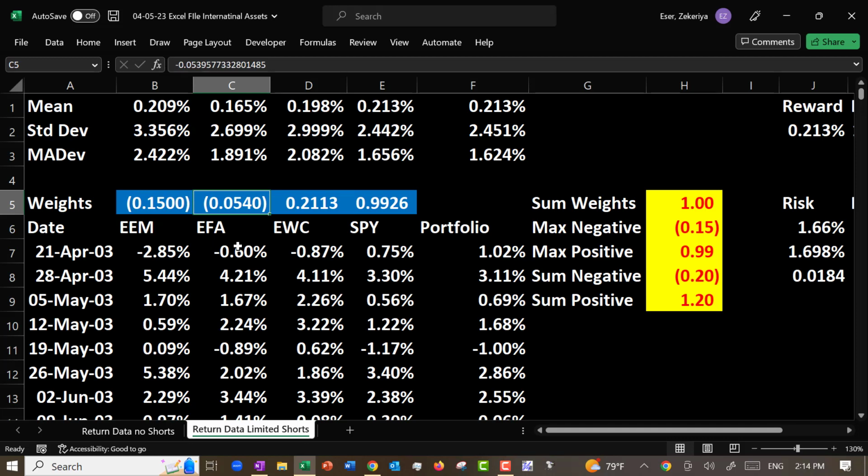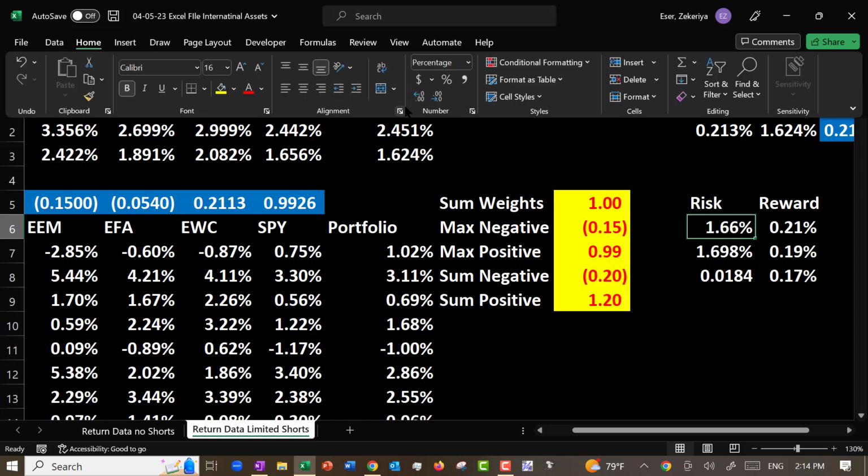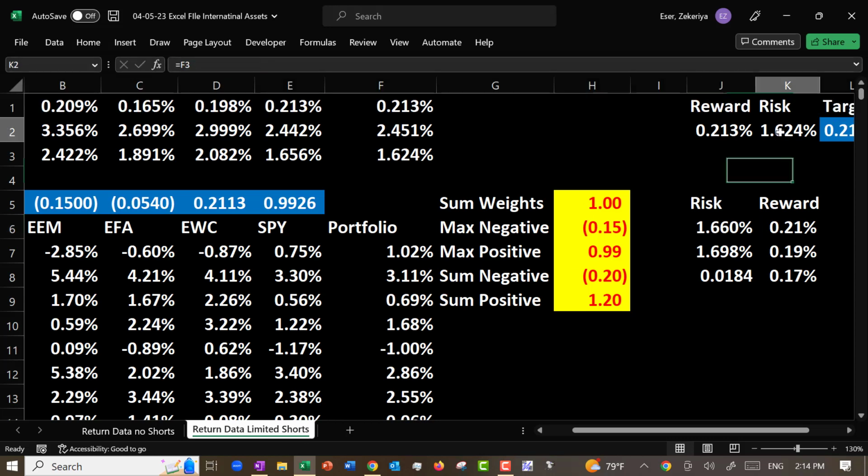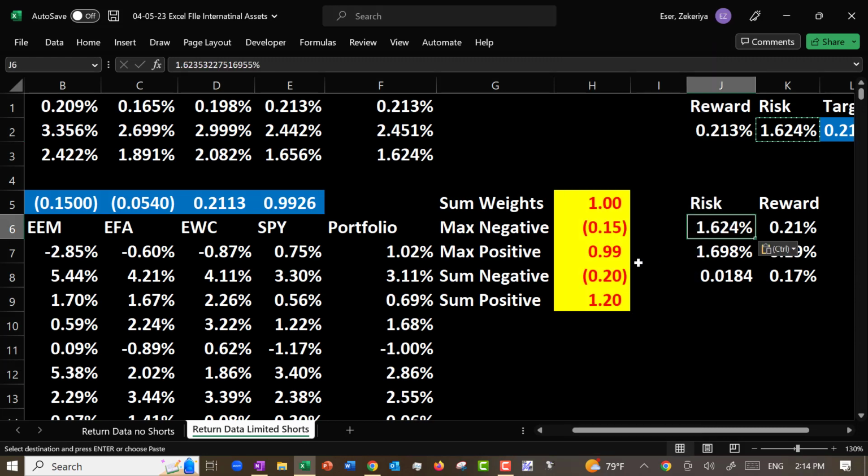If you look at the risk, let me see. Oh, I'm sorry. I have to copy it and paste it here. The minimum risk you can achieve is 162, but the risk of the US by itself is 165.